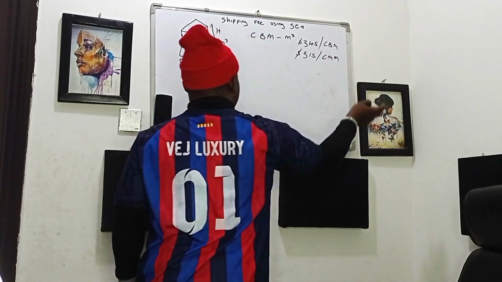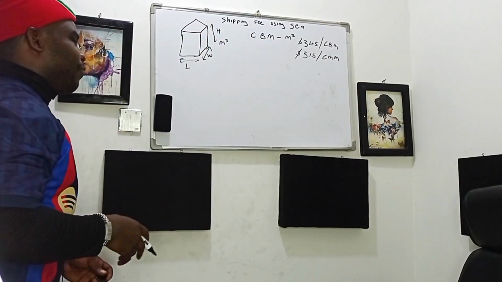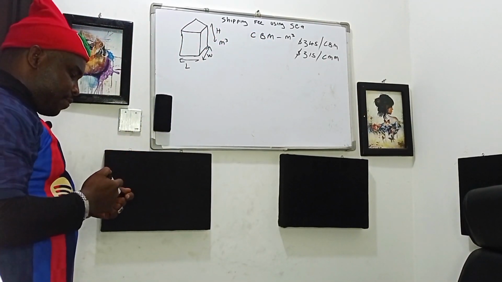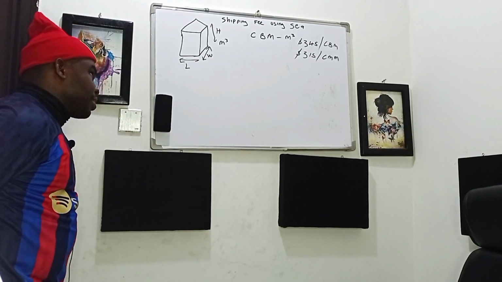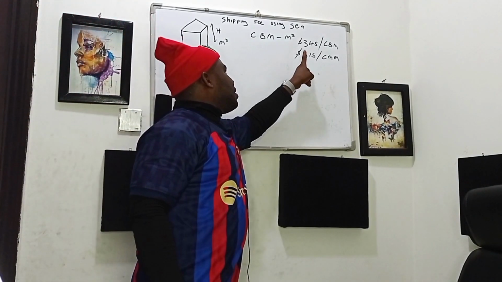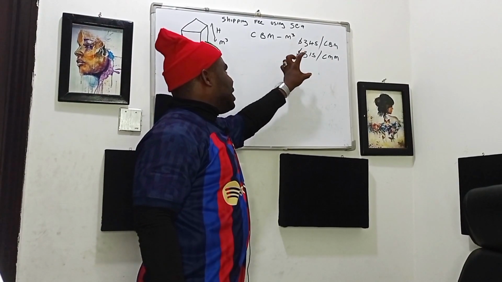There are others like Skyjet, Sky Cargo, and all of them. So they will have their different charges. Now, this is the amount they are going to charge you per CBM.